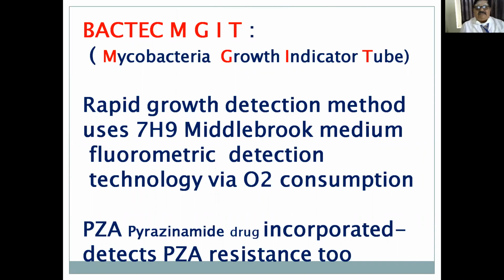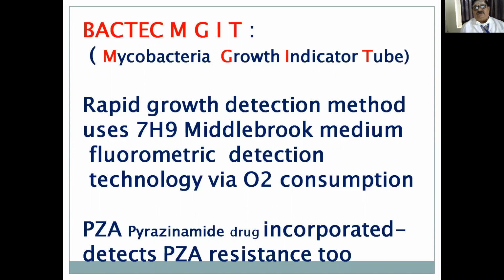What is this MGIT? MGIT is an abbreviation which looks flabbergasting, but it simply says Mycobacteria Growth Indicator Tube. That's it. It can indicate whether the Mycobacteria are growing in it or not, that's why it's called MGIT. It is a rapid growth detection method that uses 7H9 middle group medium, with fluorometric detection technology via oxygen consumption.